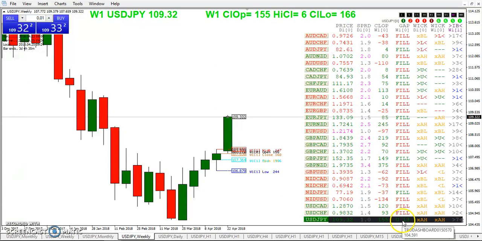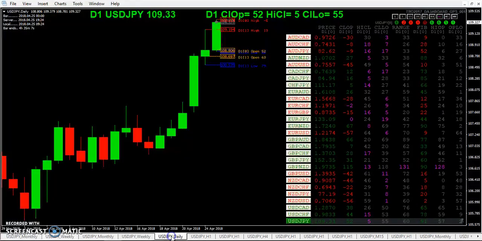And I don't think the UJ is going to fill, but anything could happen. It could turn around. And looking at the daily, once again, you see the same pattern right here. Here's that bottom again, red followed by green. And once again, you see it's going down.